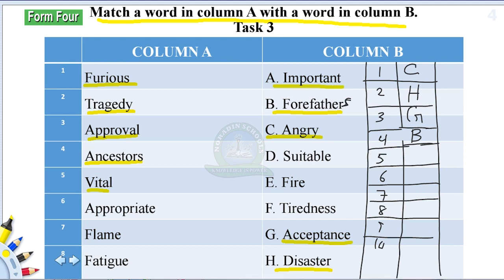So number five is A. Number five is A. What about appropriate? Appropriate means suitable. Suitable answer, appropriate answer. So it's D.